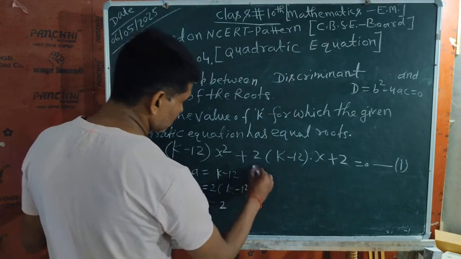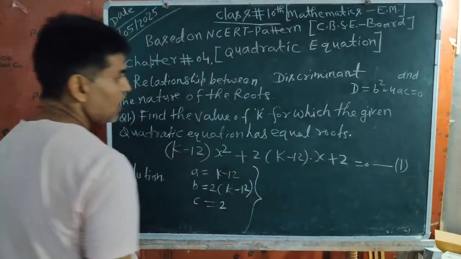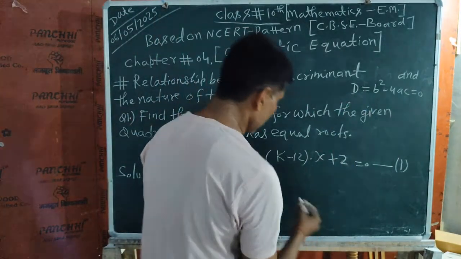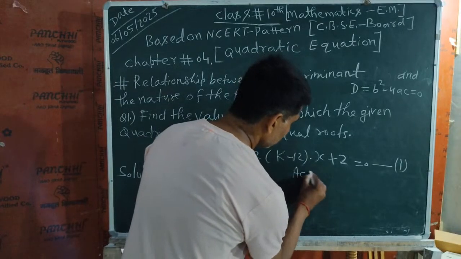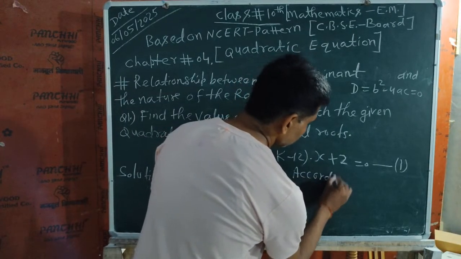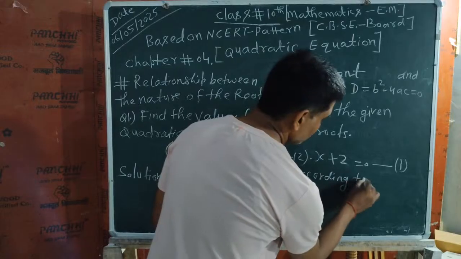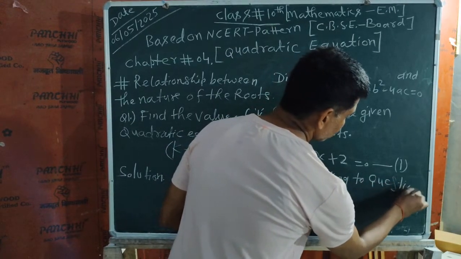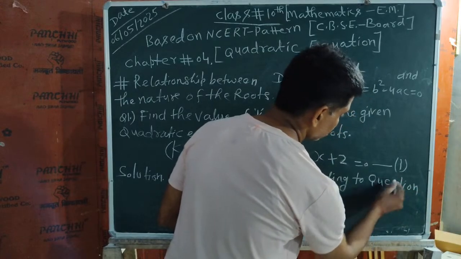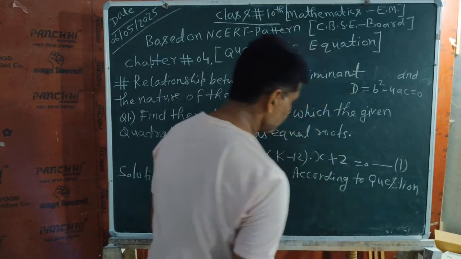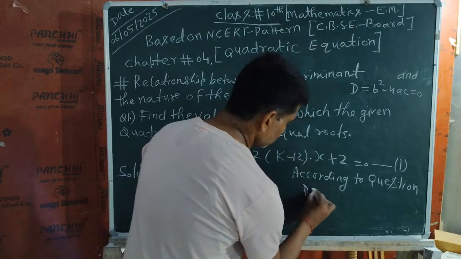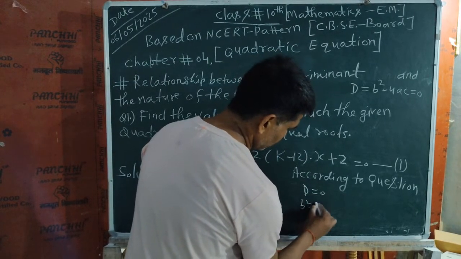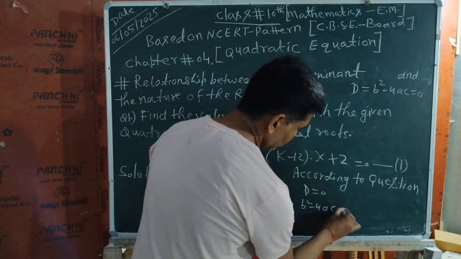Okay student, so these are the information, and according to the question I have to write here D is equal to 0, and the value of D is known as b square minus 4ac, which is equal to 0.